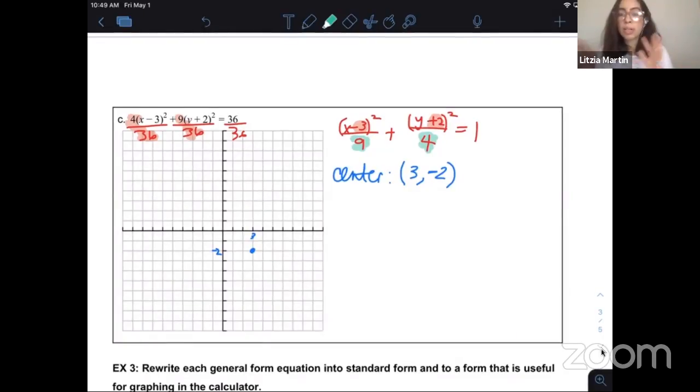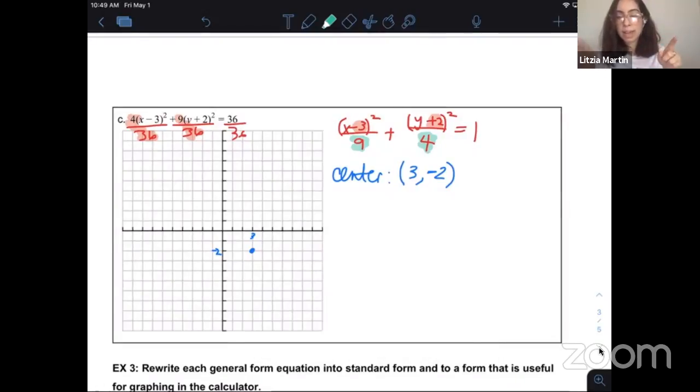The greatest number is 9. So that means that right above it, we have x minus 3. X is the horizontal axis. So that means we have a horizontal ellipse because the longer side is going to be horizontal. So remember that the standard form should be squared.